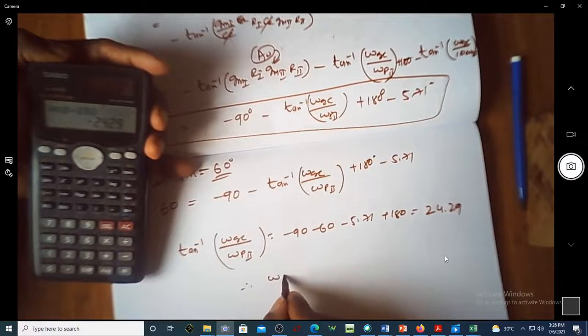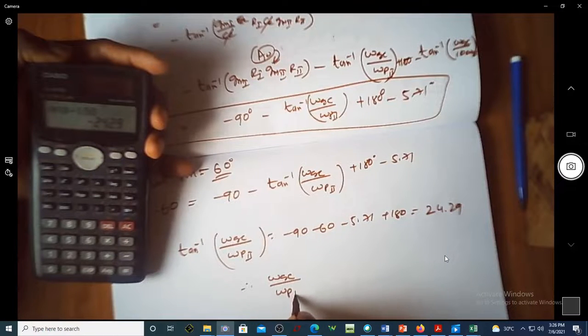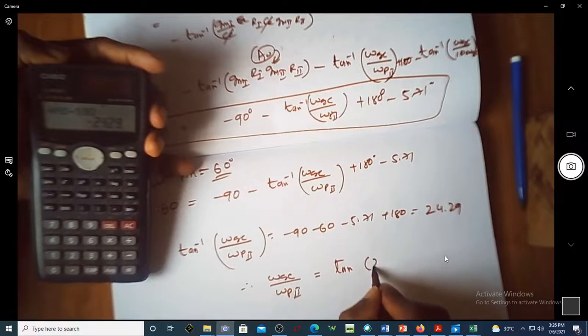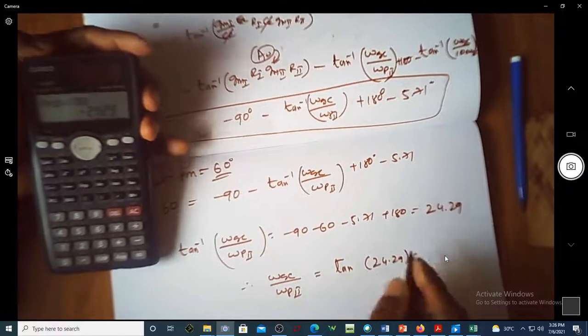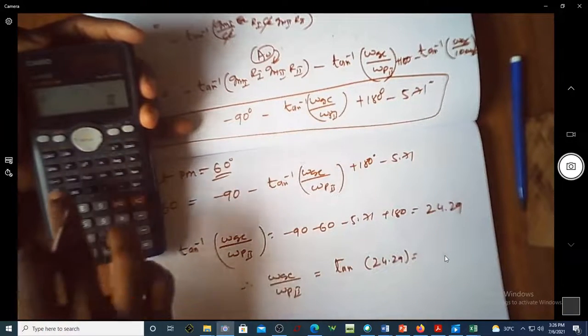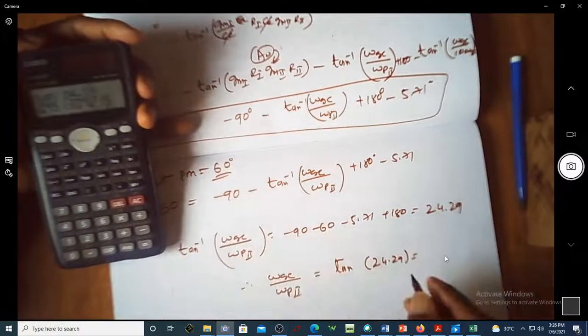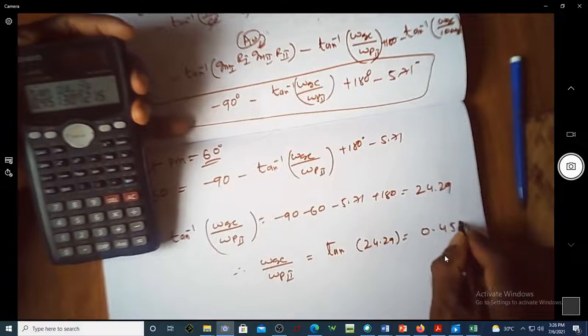So omega gc by omega p2 happens to be tan of 24.29, which is 0.451.